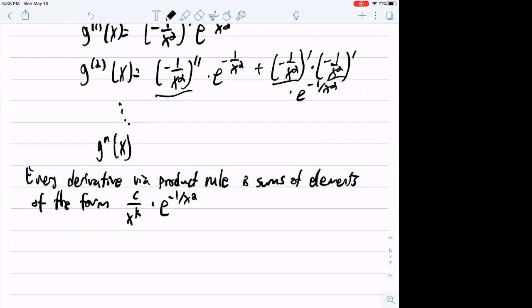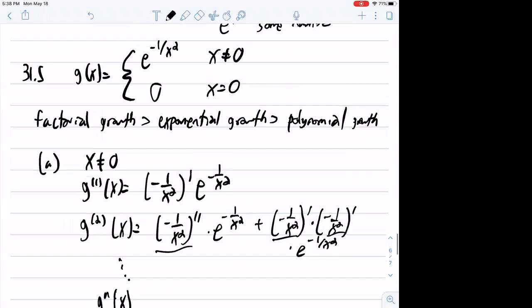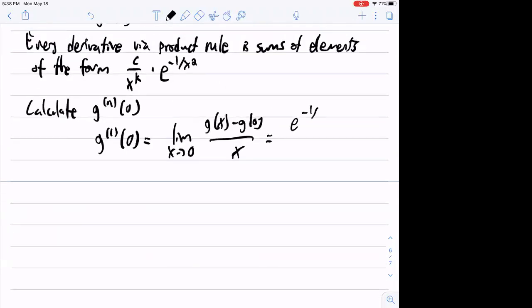Okay, so let's calculate g_n at 0. Right, so g1 at 0, let's do that for practice. This is the limit as x goes to 0 of g of x minus g of 0 over x. G of 0 is 0, by assumption, right here. So it's just e to the negative 1 over x squared over x. Yeah?